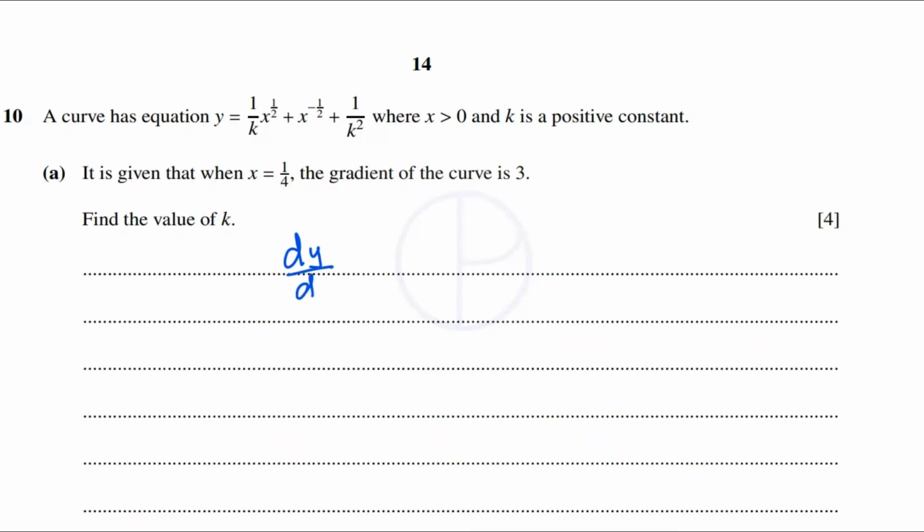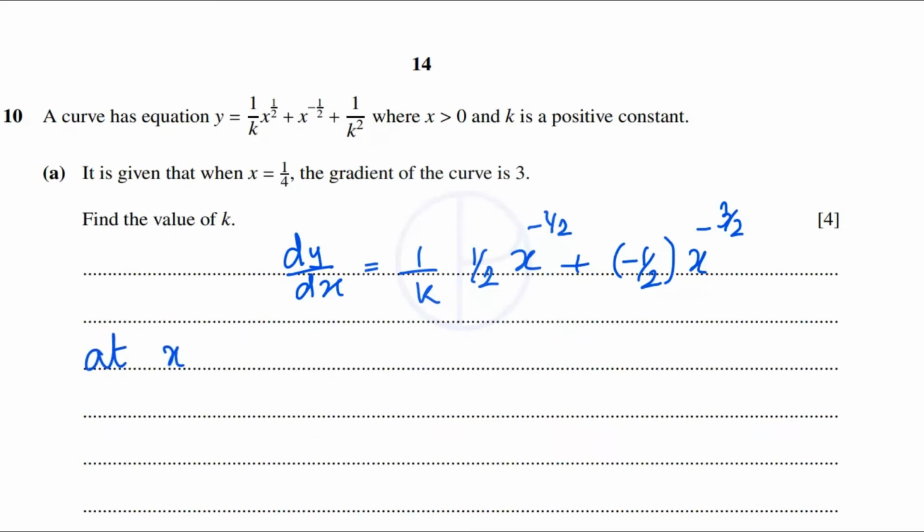dy by dx is equal to the constant 1 over k multiplied by 1 over 2. The base is x, the power will become negative 1 over 2. Plus, the power is negative 1 over 2, base x, and the power will be reduced by 1, so negative 3 over 2. Plus 1 over k square will become 0.